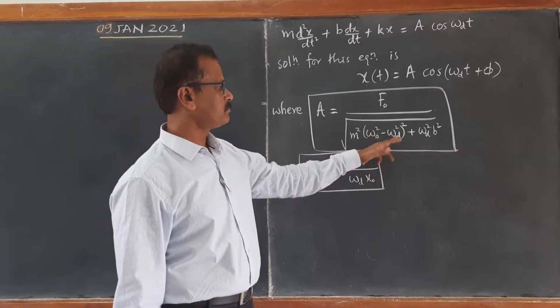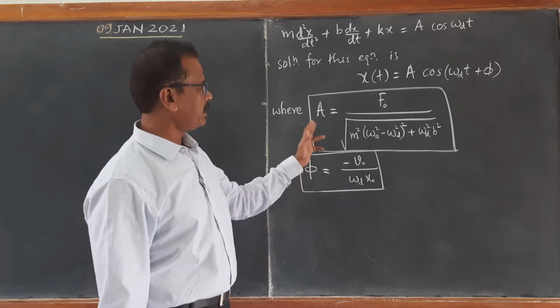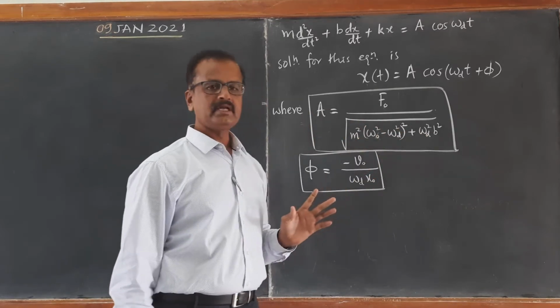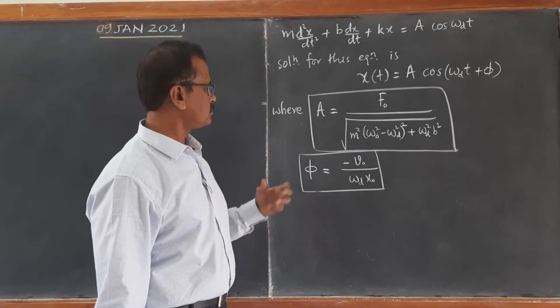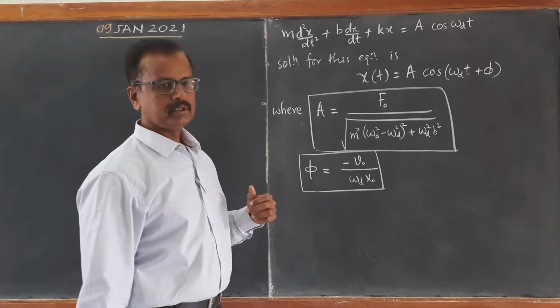So it depends on both the frequencies, and the amplitude also depends on the damping factor b. So that's how we got the amplitude.